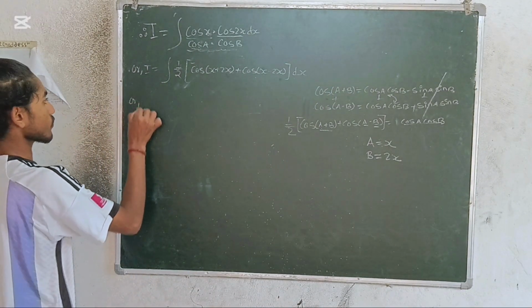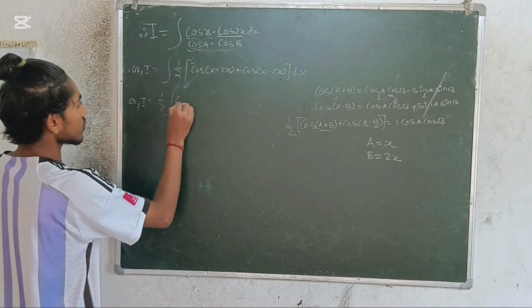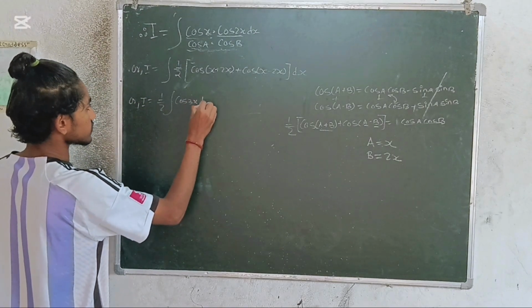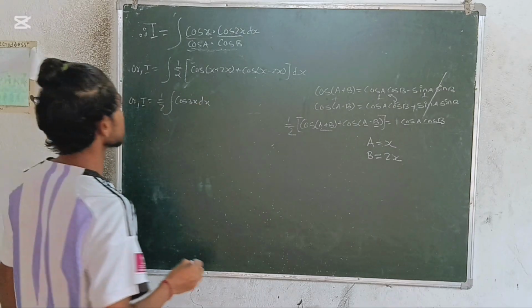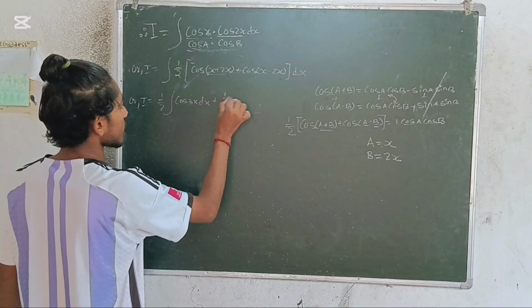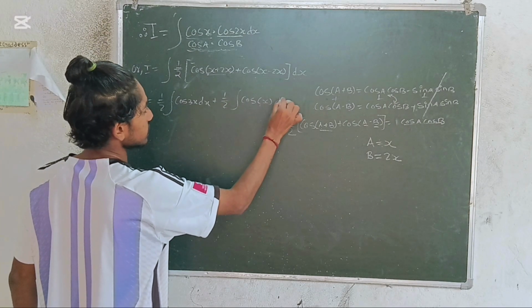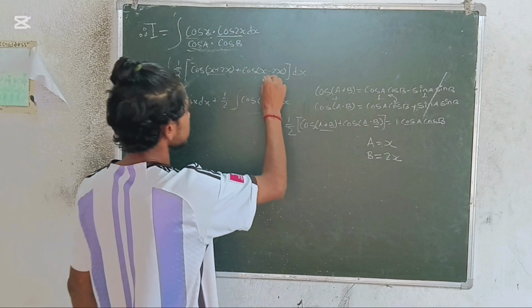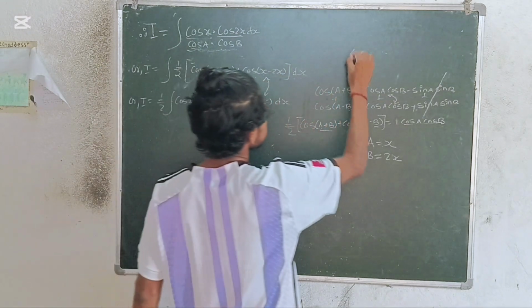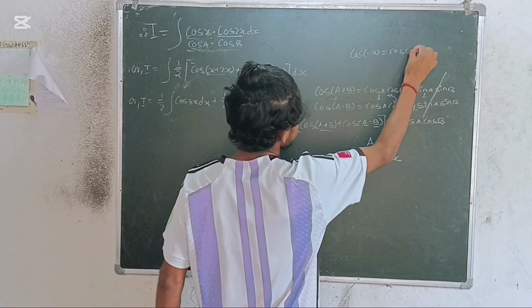Now I am going to separate the integral: one over two integral of cosine of 3x dx plus one over two integral of cosine of x dx. From here to here I am using the identity that cosine of minus x is cosine of x.